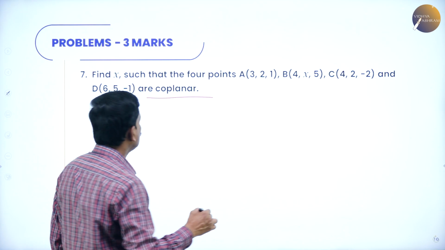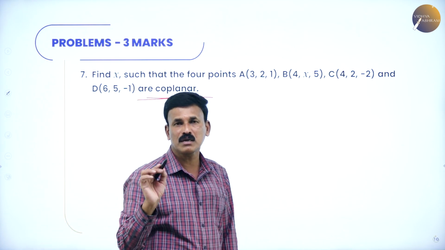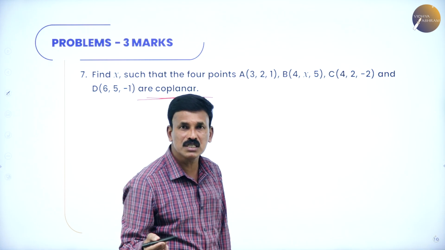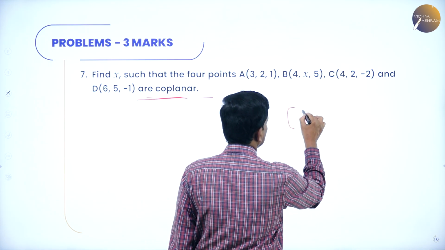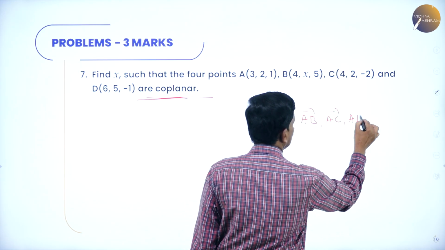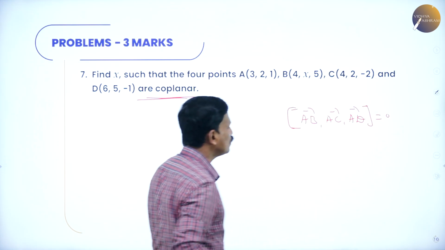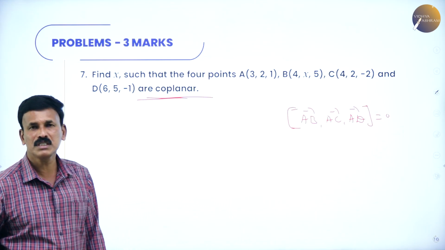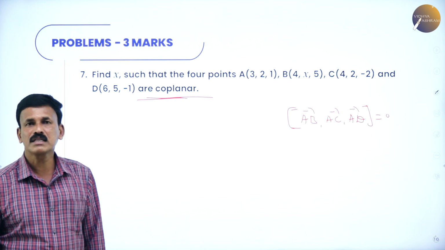Since they are coplanar, what is the condition for coplanar? The box product of 3 vectors is 0. So here just find out the box product of vector AB, vector AC, comma, vector AD. Equate this to 0. If box product of AB, comma, AC, comma, AD is equal to 0, then solve it, you will get the value of X.